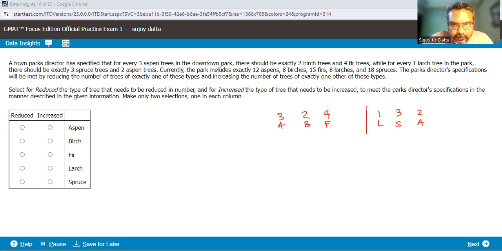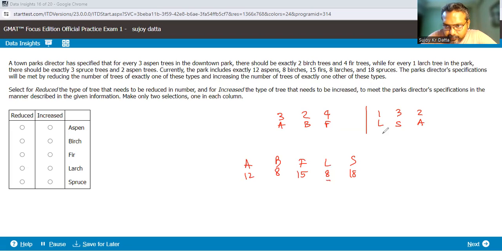Okay, there are 12 aspen, eight birch, 15 fir, eight larch, and 18 spruce. Reduce the number of trees of exactly one of those types and increase the number of trees of exactly one of the other types. Which one has to be reduced and which one has to be increased?